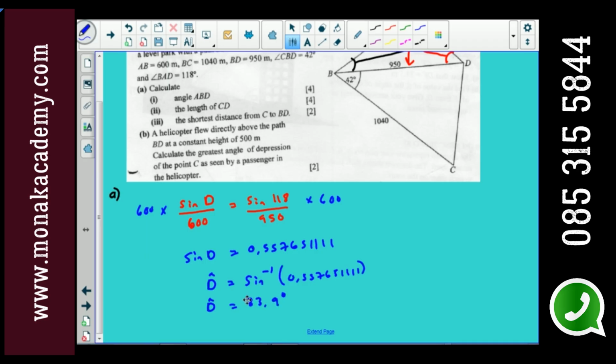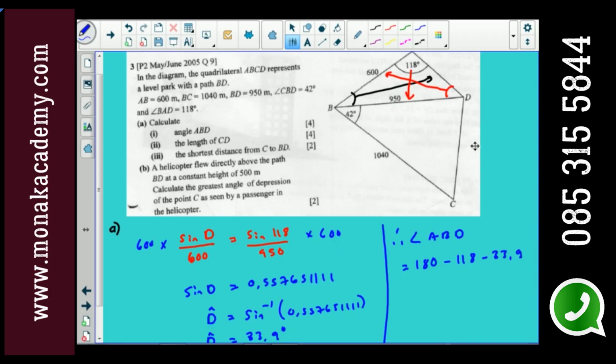.9 degrees. But remember, that's not what we actually want, right? So now to finish off what we want, we know that therefore angle ABD will be equal to 180 minus 118 minus 33.9.